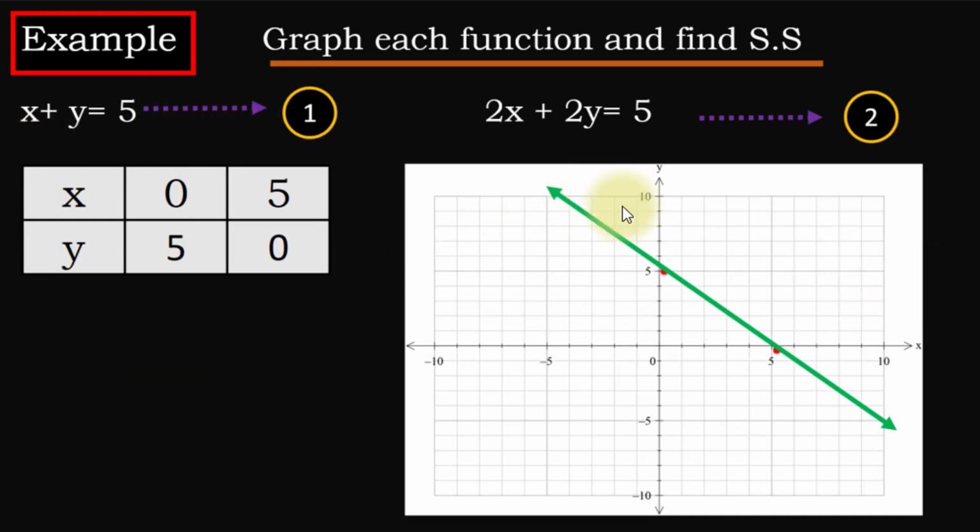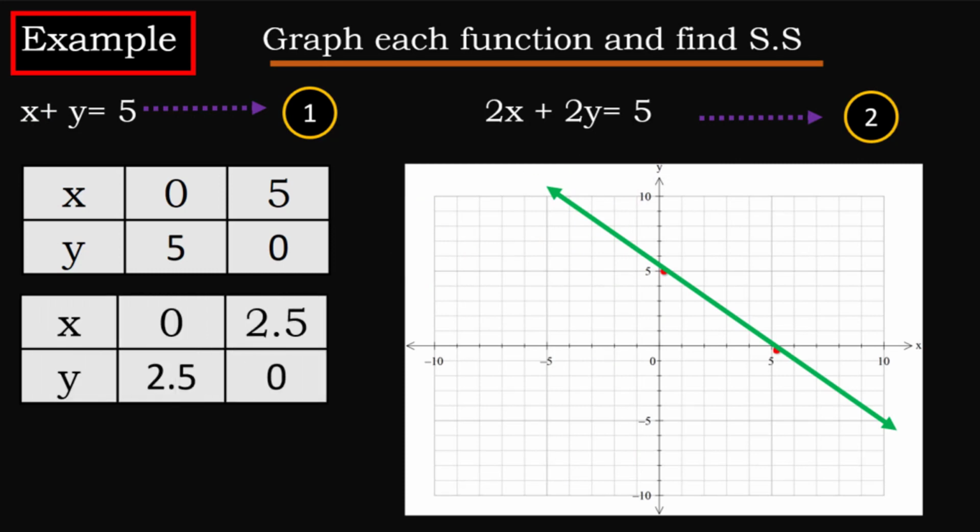In the same way, we will find two points for the second equation. When we put x equals 0, 2y equals 5, dividing by 2, y will be 2.5. If we put y equals 0, 2x equals 5, so x equals 5 over 2, which is also 2.5.